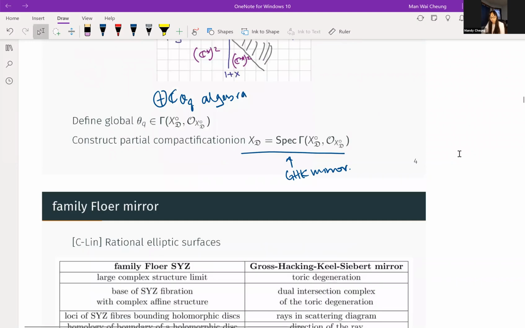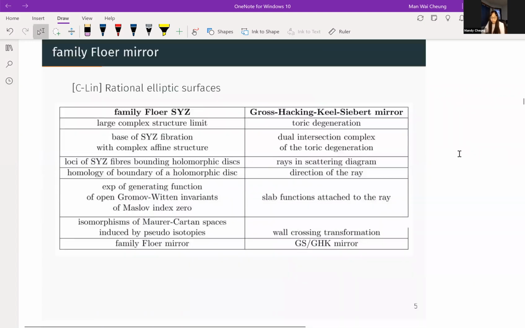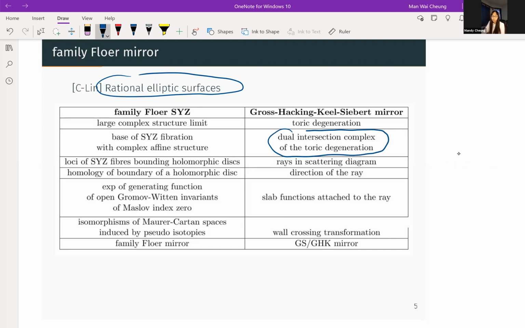And with Yushan, what we do is we verify the dictionary between the algebraic geometry world and the symplectic world, which is we show that for rational elliptic surfaces of certain type that you are going to see here, on one side, this is the dual intersection complex that we were just describing, but then we show this is the base of the SYZ fibration with the complex affine structure, and then the walls are the holomorphic Maslov index zero disks, and then the functions, using actually Yushan Lin's result, correspond to the Gromov-Witten invariants of Maslov index zero.